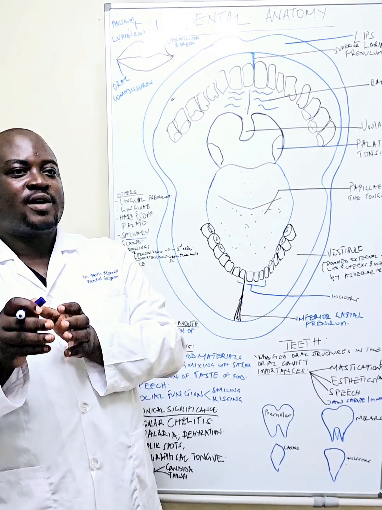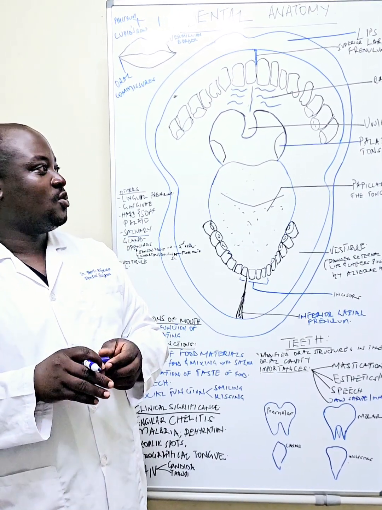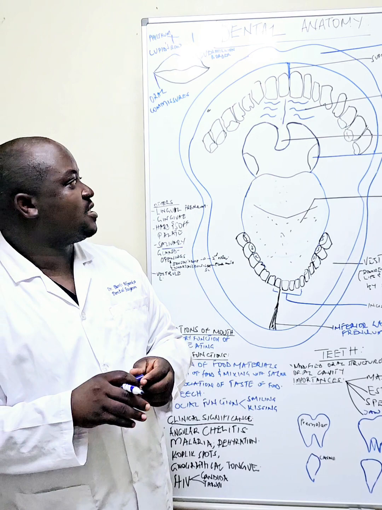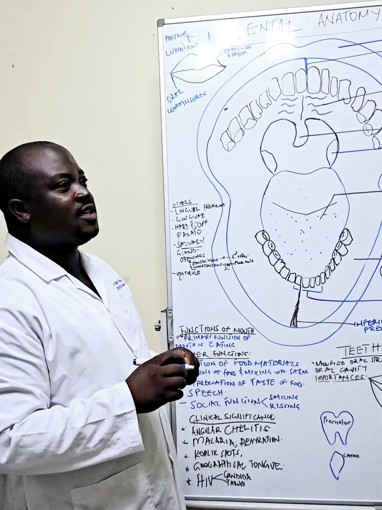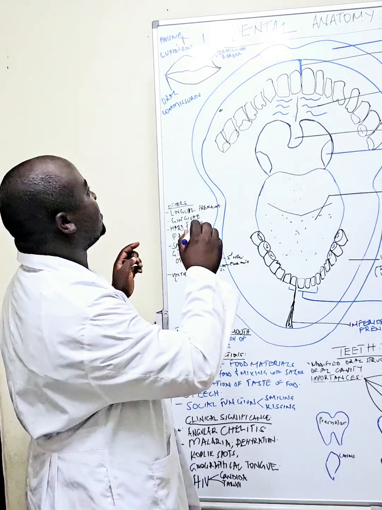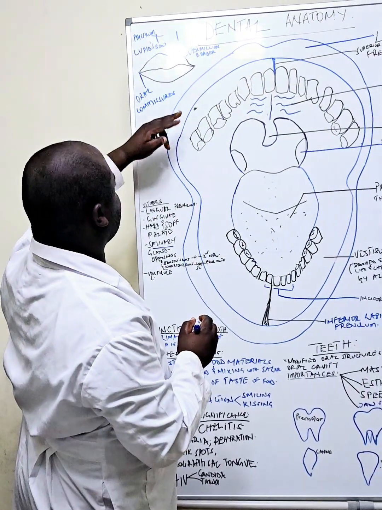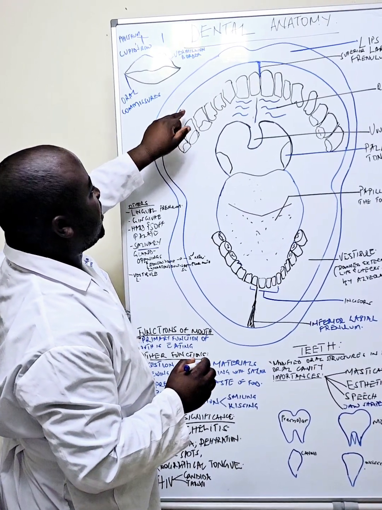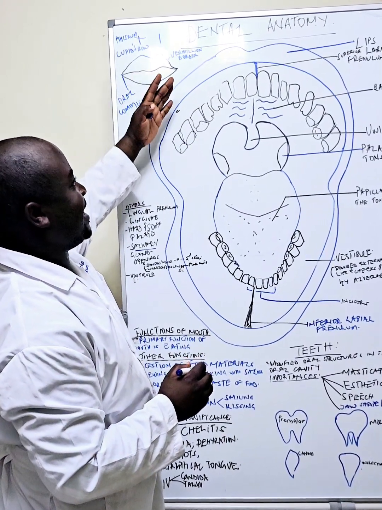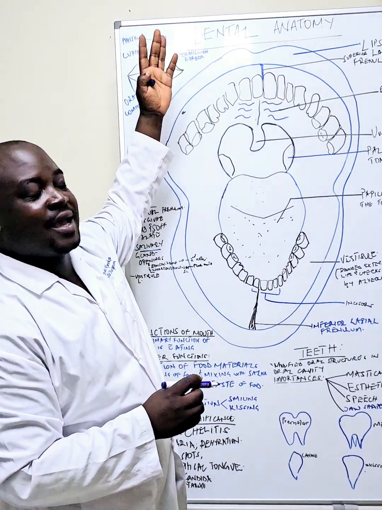Saliva enters the oral cavity majorly through two ducts. We have what we call Stenson's duct. Stenson's duct is an opening just behind the second molar. Behind the second molar is where we have the parotid gland, one of the major glands.